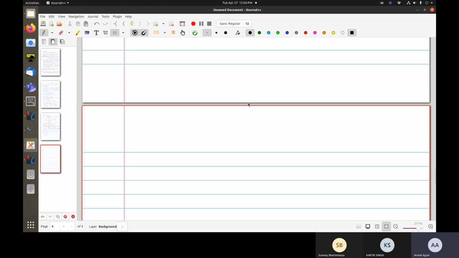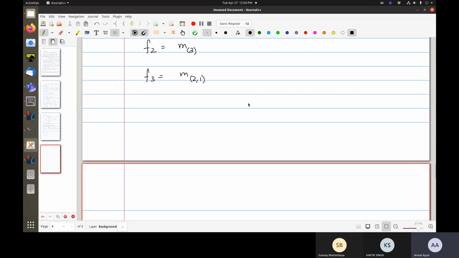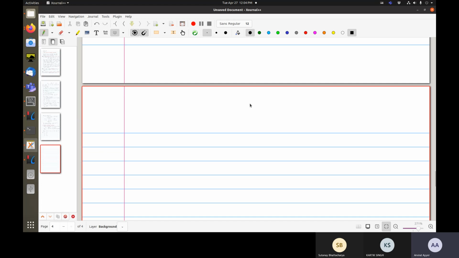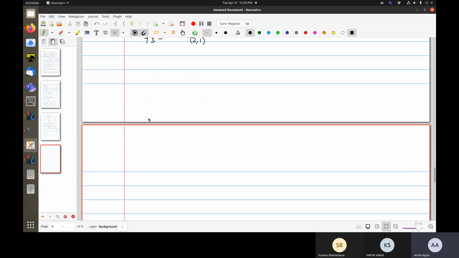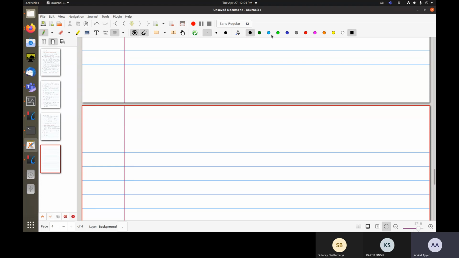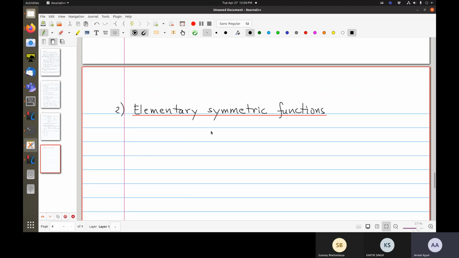All right. So the next basis is a little more interesting. It is called the elementary symmetric functions.